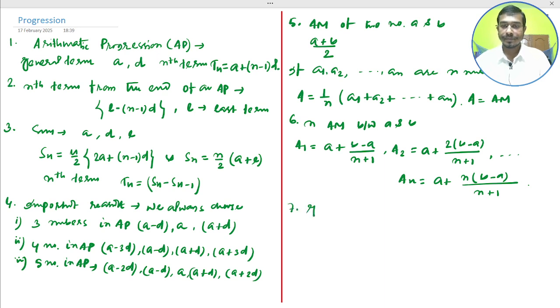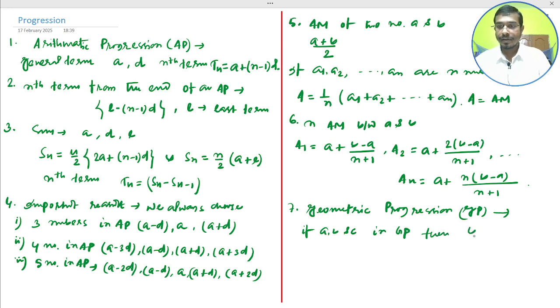Next, the geometric progression. Geometric progression means the GP. If A, B and C are in GP, then B by A is equal to C by B is equal to R. R means the common ratio.